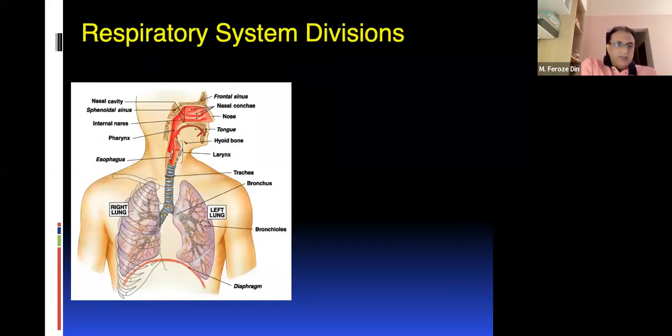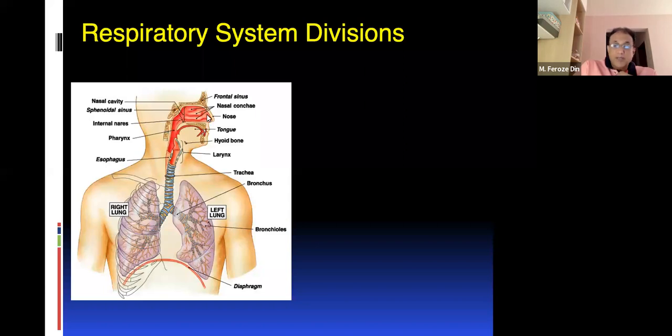Now, to understand the physiology, we'll just briefly have a look at the respiratory anatomy relevant to our understanding of physiology. The respiratory system basically starts at the tip of the nose up to the tip of the last alveoli. When we breathe in, our nose is designed for breathing in, and we shall look at various functions of the nose.